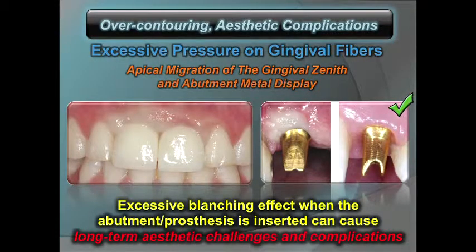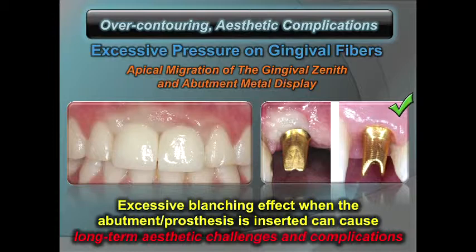Okay, so we talked about gold tube, and it's used in another context here. I want to talk about the contour of the restoration, and how much it can cause aesthetic complications.